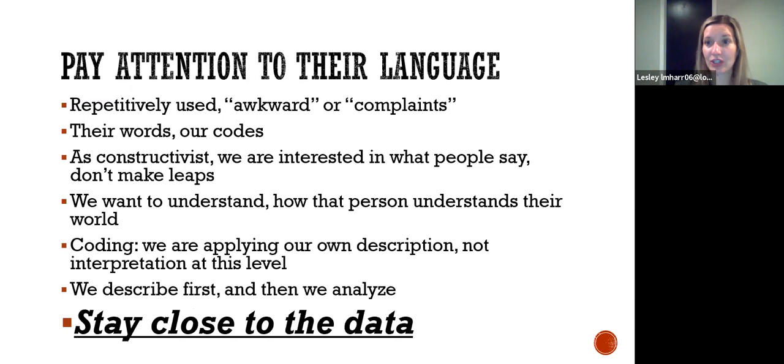We need to pay attention to participants' language. Language is incredibly important. For example, we look at repetitively used words. I was one time interviewing for a study on older adults, and they kept on using words like awkward and complaints to talk about things that were human rights.